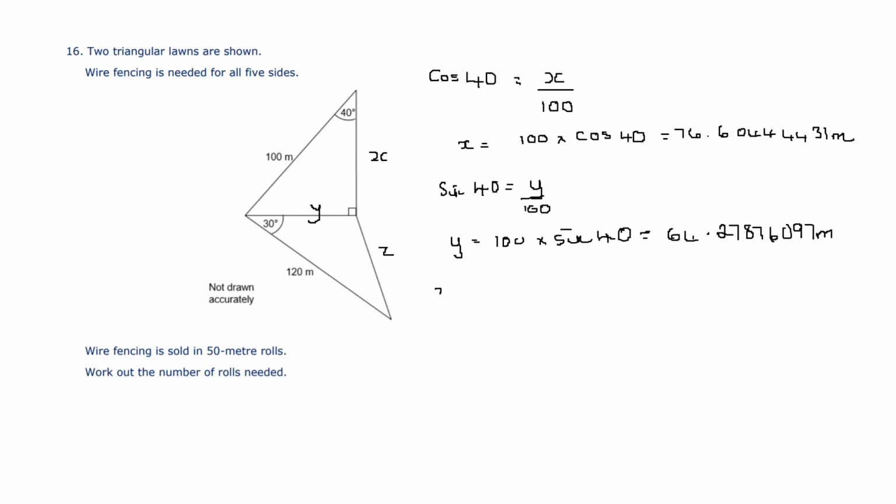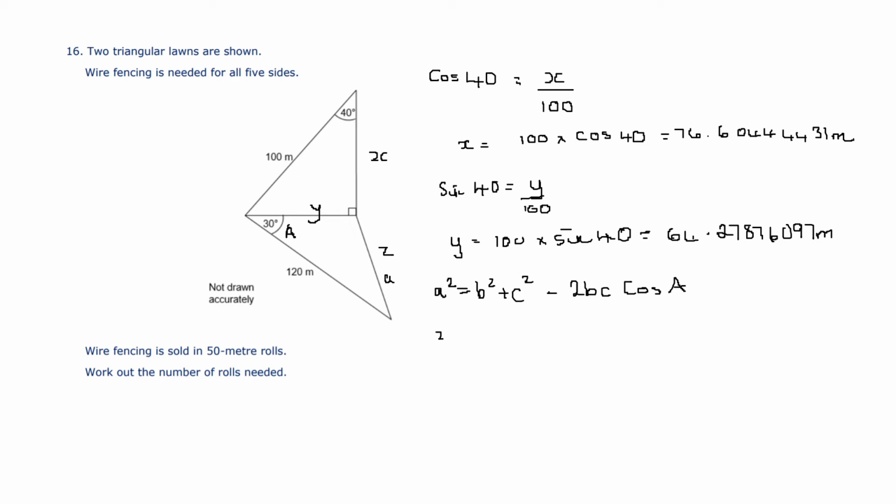And if you remember, the cosine rule is a squared equals b squared plus c squared minus 2bc cos A. So 30 degrees is your big A. It doesn't matter which of Y and 120 you take to be b and c, but you need to remember that Z is little a, because that's the side that you're trying to find. a is always the side that you're trying to find when you're using this rule.